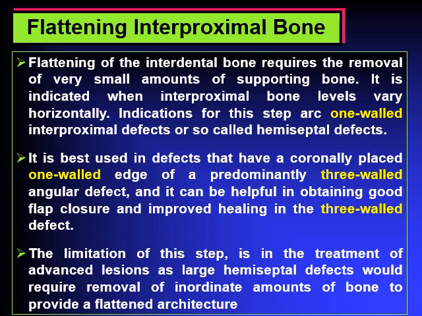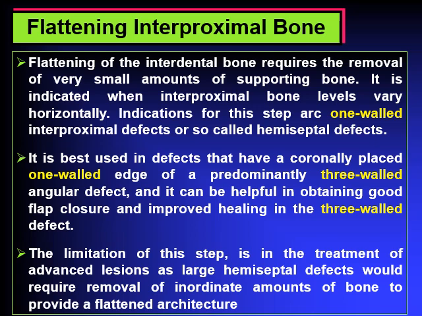It is also used in case of a combined defect, where one wall edge of a three-walled angular defect is found, and it can be helpful in obtaining good flap closure and improving the healing of the three-wall defect. So this is a combined defect where the number of walls apically are more than coronally. But what is the limitation of this step?